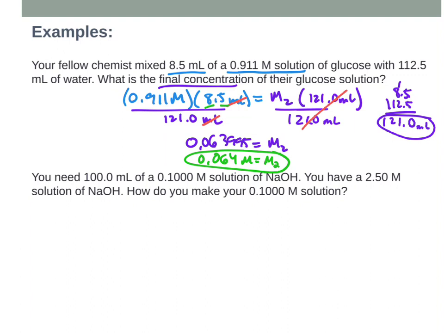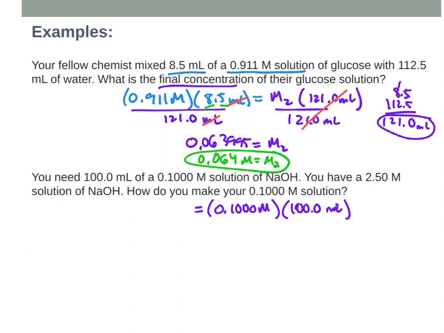And for the last one, right, you need 100 milliliters, yada, yada, yada. So same equation. You need 100 milliliters of that solution. You have this solution. How are you going to make it? So I know the solution I want to end up with is 0.1000 molar, and I know that I need 100 milliliters of it.